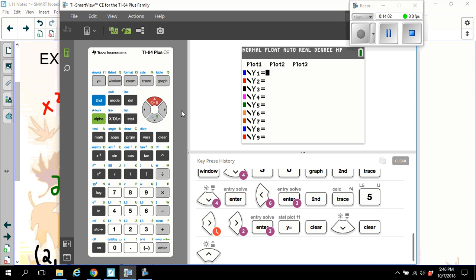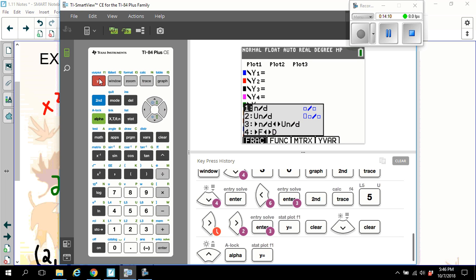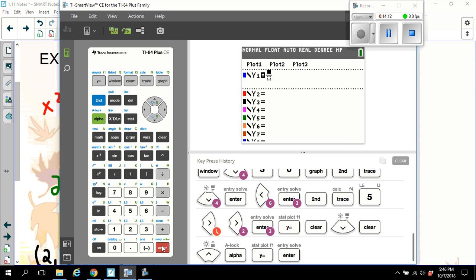So the first one, I'm going to do my alpha y equals to make a fraction, right? So alpha y equals, and then press enter. So here, make sure that we have a negative. So I need to make sure I have a negative in front. Use the negative key, because if you don't, you're going to get that one wrong.